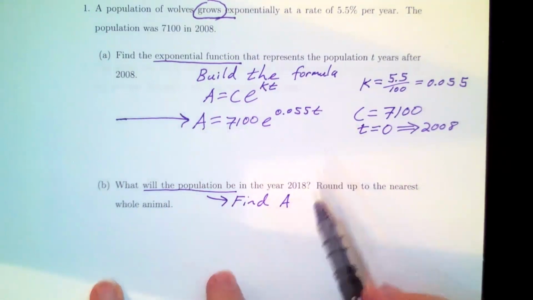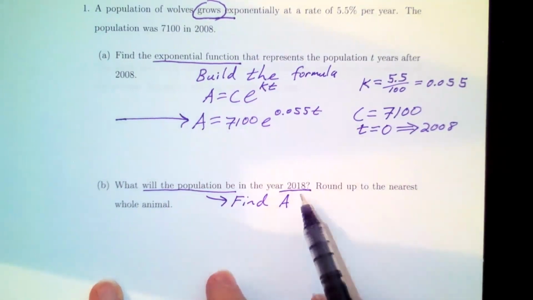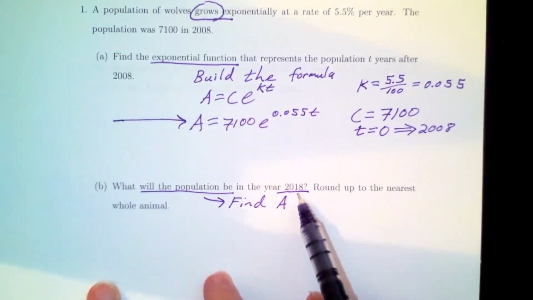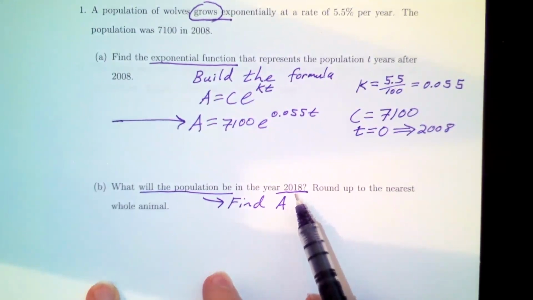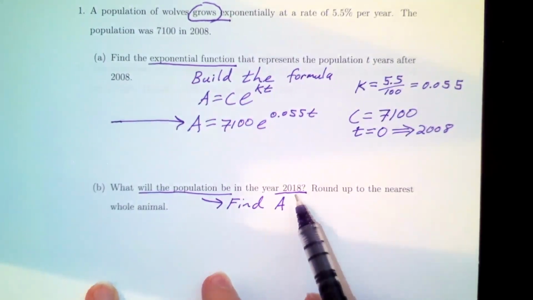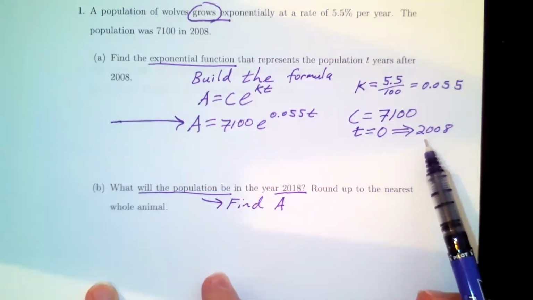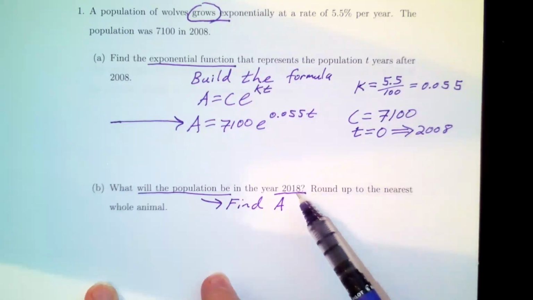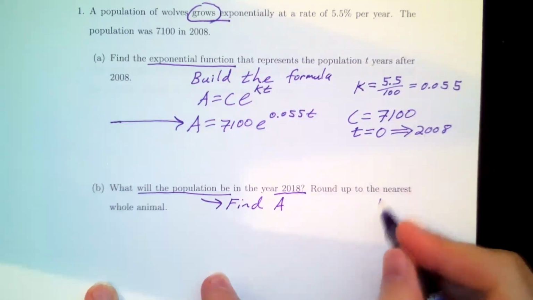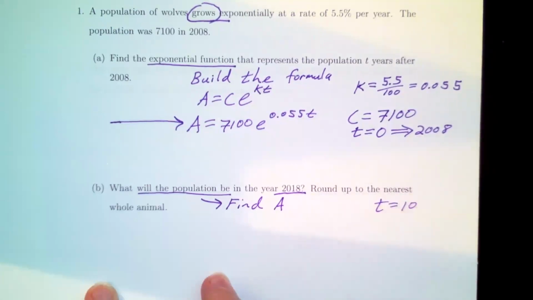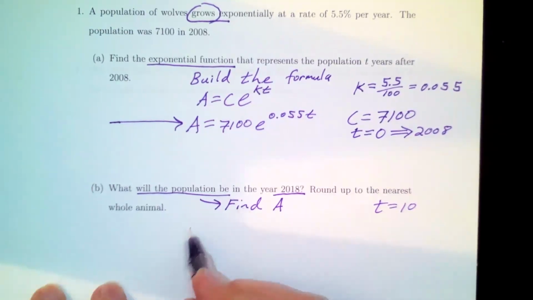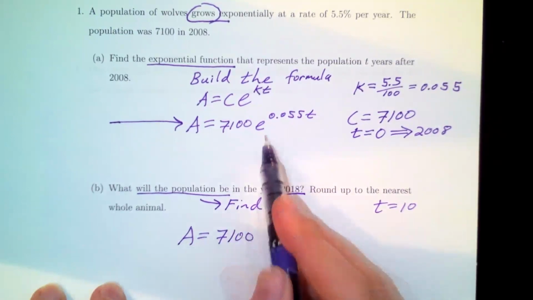They want me to find the population in 2018. But you don't plug in 2018 for t. We've got to figure out what t value 2018 corresponds to. So if t equals 0 represents 2008, then 2018 is 10 years later. So t would be 10 in this case. So to find A 10 years later, you plug in 10 for t into my model up there.